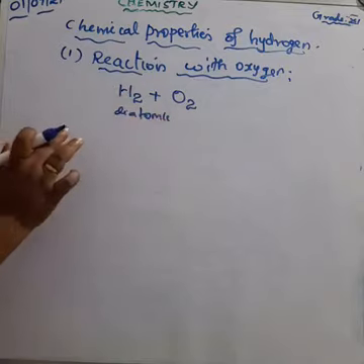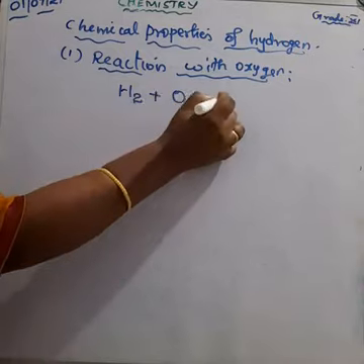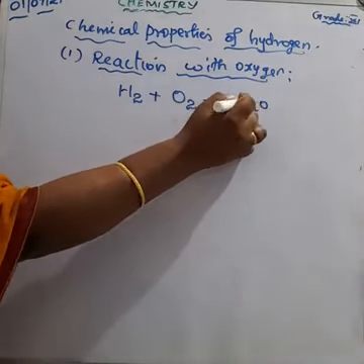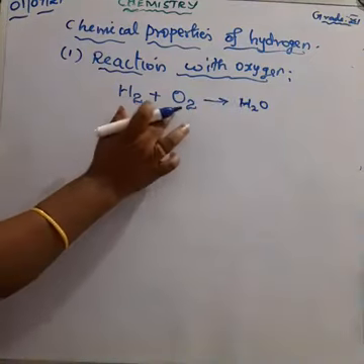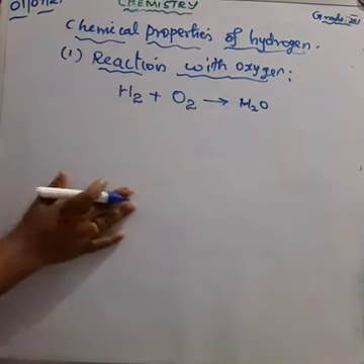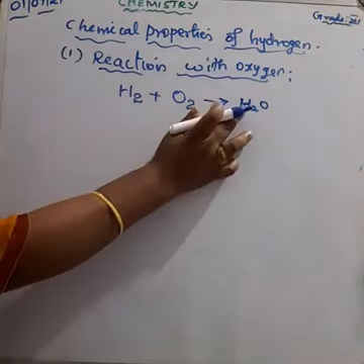Okay. Hydrogen combines with oxygen to form water, H2O. What is the formula for water? H2O. We have to balance the equation here. Hydrogen here 2 atoms, here also 2 atoms.